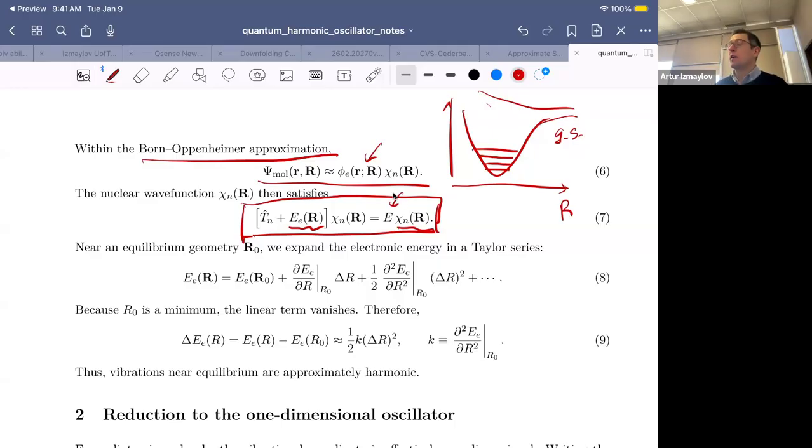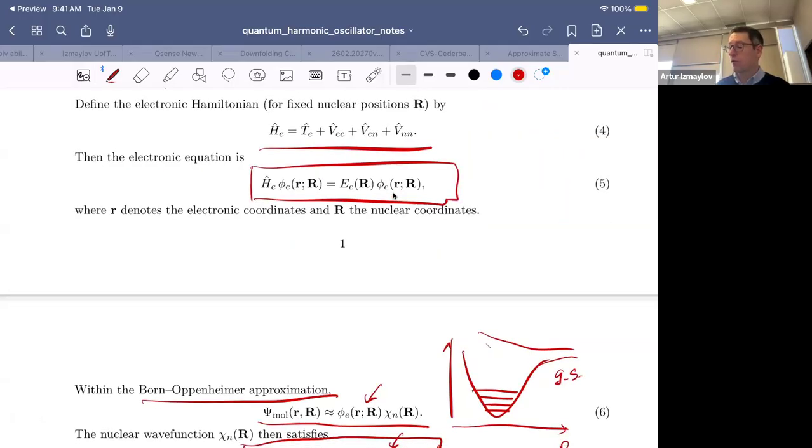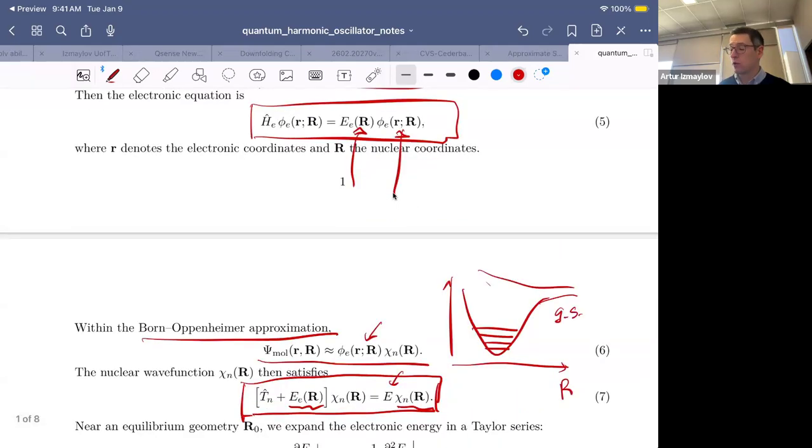So the electronic Schrödinger equation, the one that we formulated for electrons, had eigenvalue problem form, but the eigenvalues were parametrically dependent on nuclear coordinates, right? And there were multiple of them, and the electronic functions also had parametric dependence on nuclear coordinates.